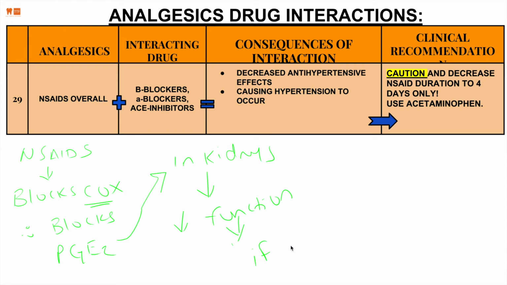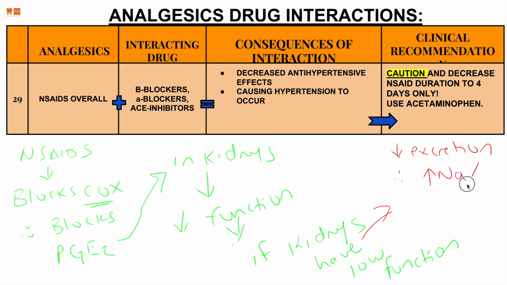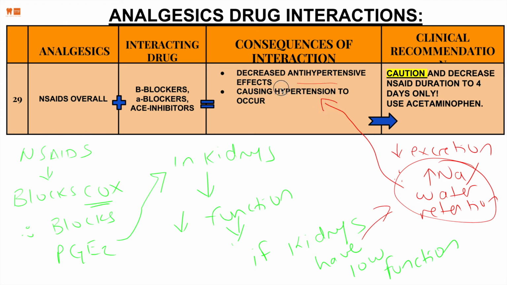Therefore, if kidneys have low function, it leads to decreased excretion, therefore increased sodium and water retention. So coming back to the basic principle, if sodium and water are retained in the body, it will lead to hypertension. Simple? Awesome, guys. You guys are doing great.